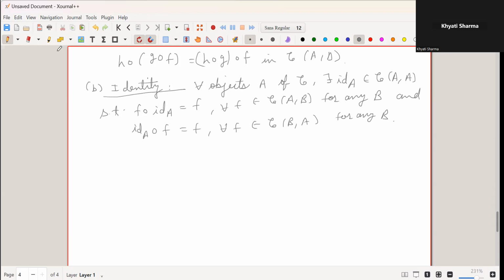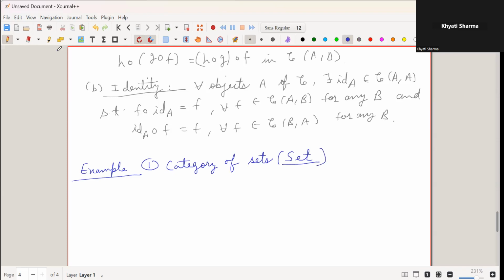So with that, we say that this forms a category, and as an example, you can consider first the category of sets, which we will denote by Set.